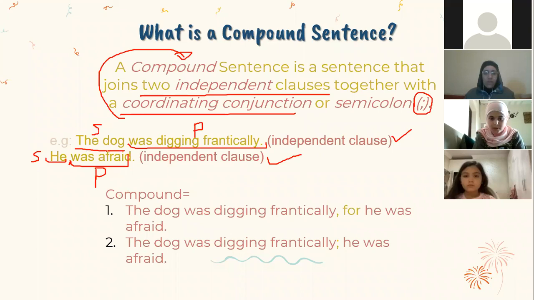I read the first one. The dog was digging frantically. Then notice here I added a comma with another word, which is a coordinating conjunction, for. So the dog was digging frantically, for he was afraid. This is the first independent clause, and this is the second independent clause.